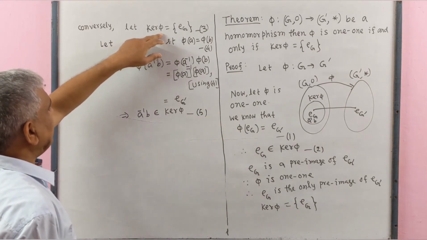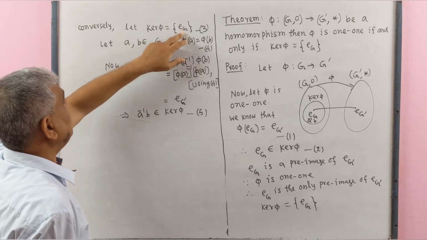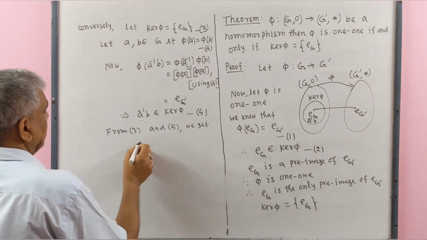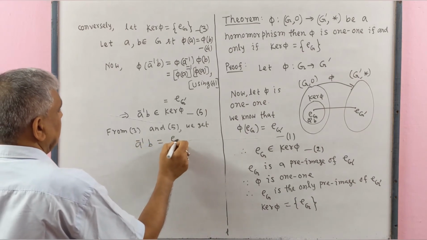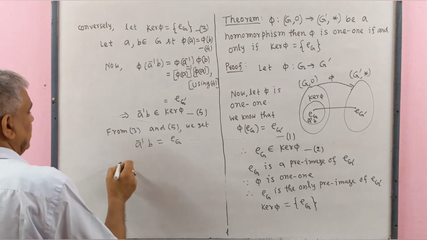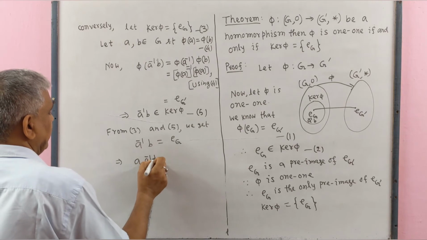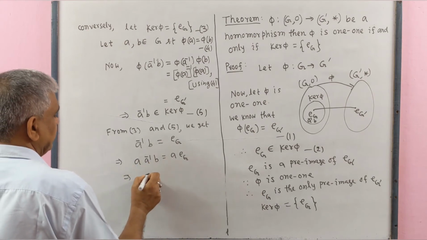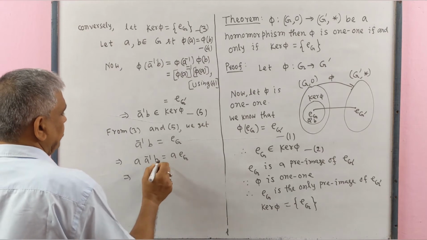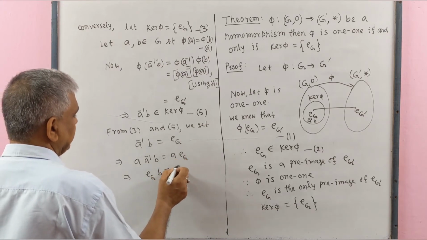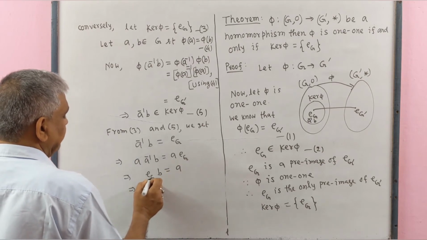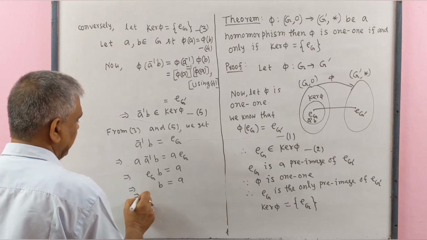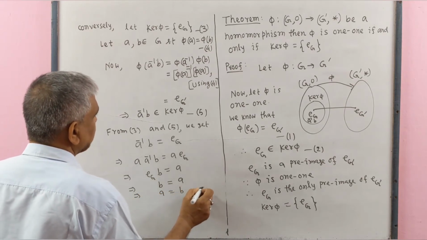Since by hypothesis the kernel of phi contains only a single element, the identity element of G, from 3 and 5 we get A inverse B equals EG, the identity element of group G. This implies that A inverse B equals A EG, which implies that EG, the identity element, times B equals A operation identity element, which is A, and the identity element with B by operation gives B equals A, which implies that A equals B. This is number 6.